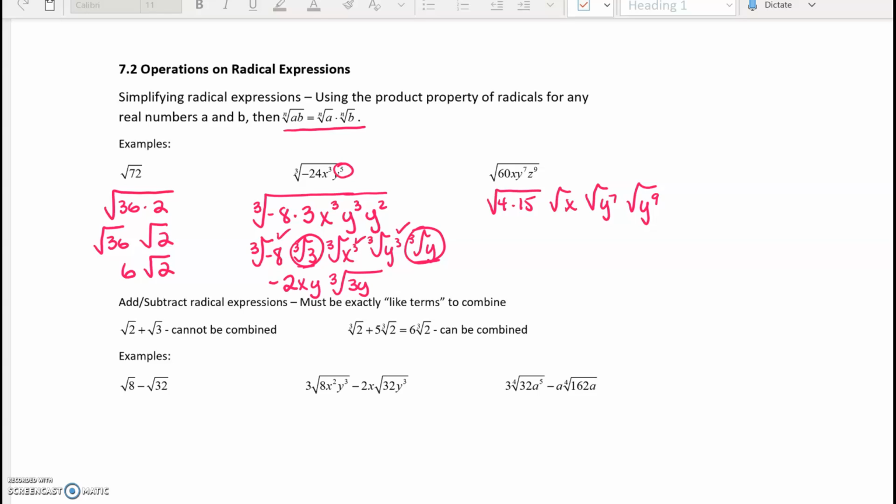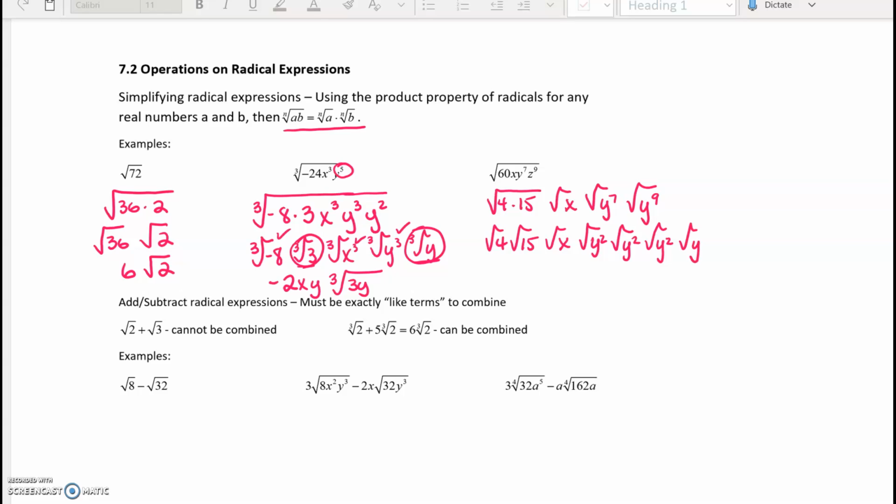Now, if you split it even further, we're going to have the square root of 4, the square root of 15, the square root of x. Let's see how many y's we can get out. We have the square root of y squared: 2, 4, 6, and 1 left over.